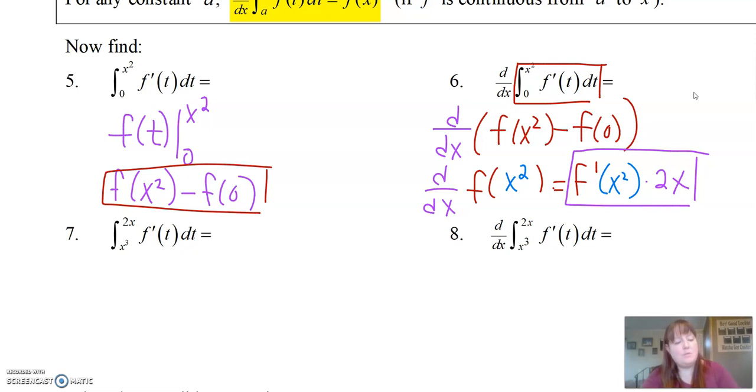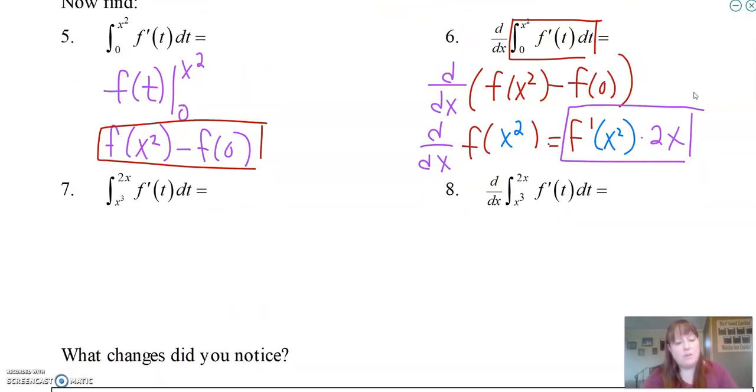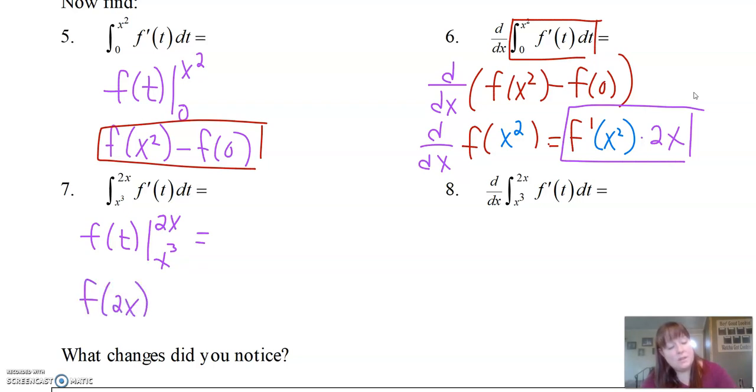So let's see what happens when we have a couple of functions for our limits. Let's find the integral of this first, right? So this would be f of t evaluated from x cubed to 2x, which equals, from the fundamental theorem of calculus, f of 2x minus f of x cubed.